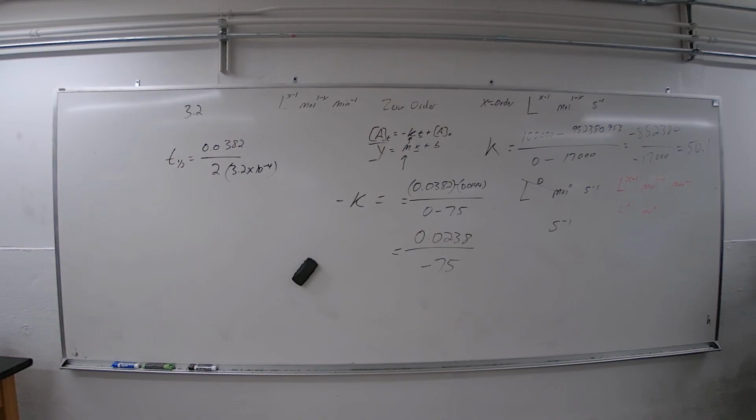So now I'm going to go 0.0382 for the initial concentration, divided by 2, divided by 0.000. I suppose that's what I thought it would be. No, that's it.